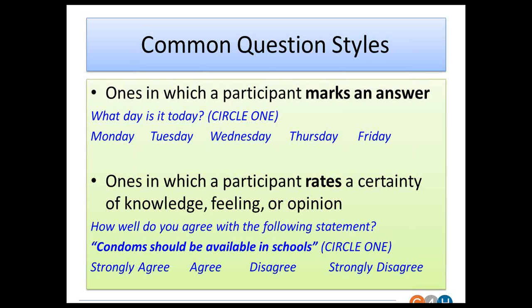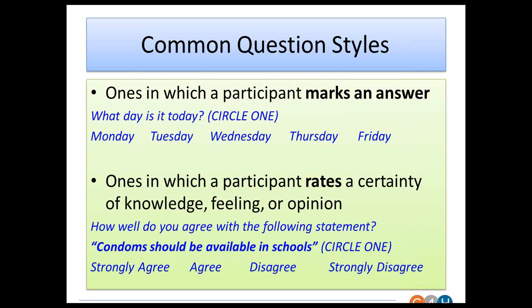So first I want to introduce you to the two overall styles of questions that are commonly seen in pre and post tests. The first type of question is one where a question is asked and the participant is supposed to mark, choose, or write in an answer. This is fairly basic and done with the idea that a specific answer can be chosen.